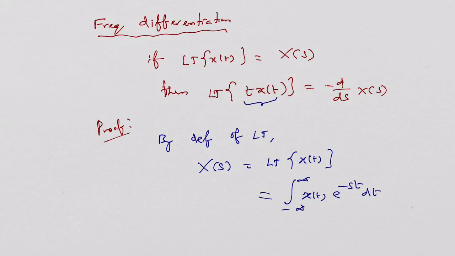So how should we obtain it? Instead of going in the forward direction, since we are much more concerned about the differentiation in the frequency domain, why don't we take X of s and differentiate it once with respect to s? Let's see. Differentiate with respect to s on both the sides.